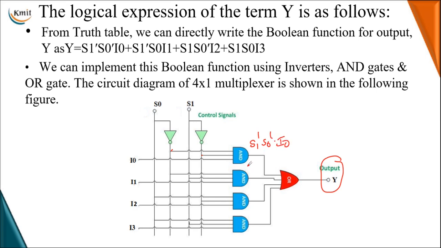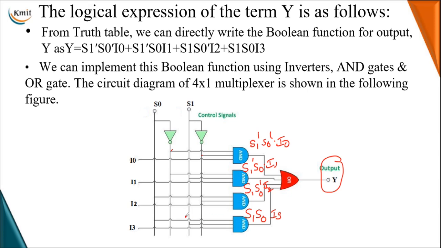Next, to transfer I1, S0 must be 1 and S1 is 0, so S0 into I1. Now we connect S1 as 1 and S0 as 0, and then we transfer I2. Next, the last AND gate has to transfer the I3 input. Both S1 and S0 are at logic level 1, then only I3 is transferred.